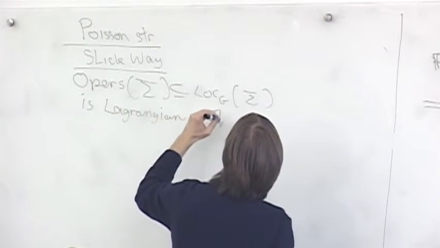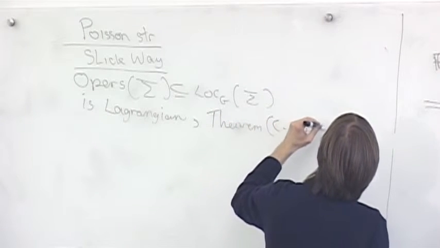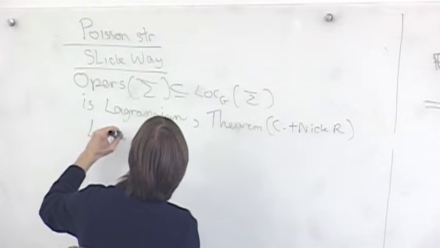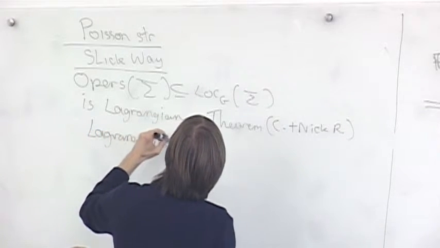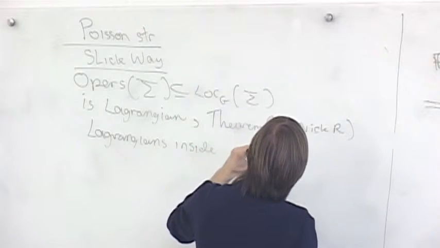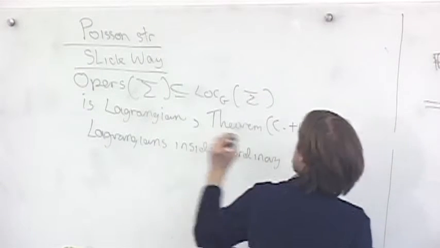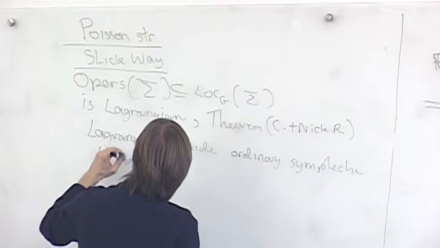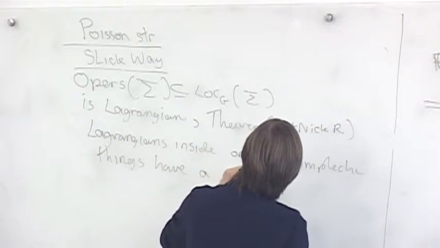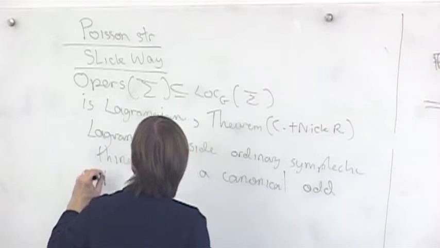Then a theorem of me and Nick Rosenblum is that Lagrangians inside ordinary symplectic things have a canonical odd Poisson structure.